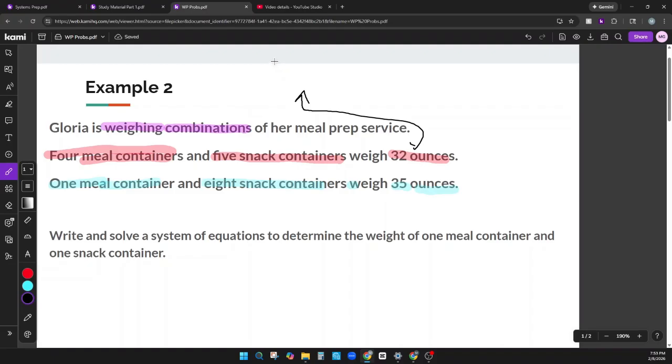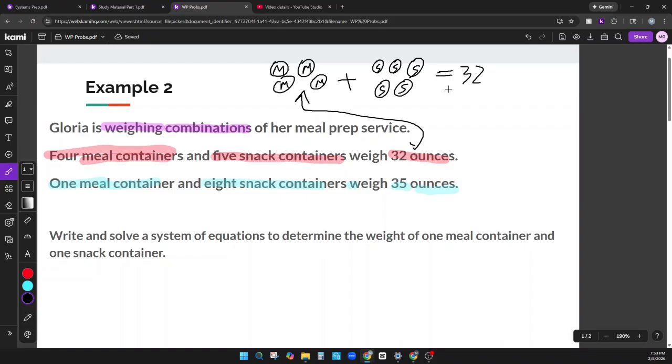It says 4 meal containers. I'm no artist. I'm just making representations to show, hey, I have 1, 2, 3, 4 meal containers and 5 snack containers: snack, snack, snack, snack, and snack. And they weigh together 32 ounces. And just by putting that visual up, it gives me more of a roadmap of what I need to do in order to make these equations.